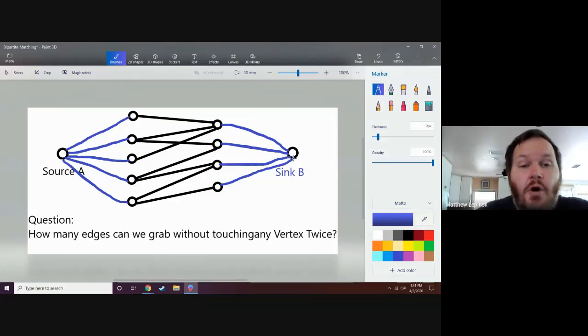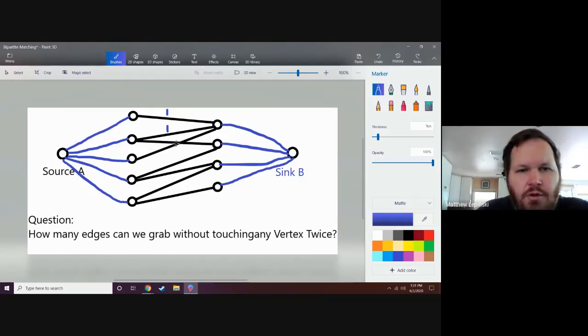So what I've done is I had my original graph, and I'm now going to take a source A and connect it to all the type A people. And then I'm going to take a sink B and connect it to all of the type B people. And now I'm trying to push as much flow as possible from A to B. And I can write capacity 1 on every edge.